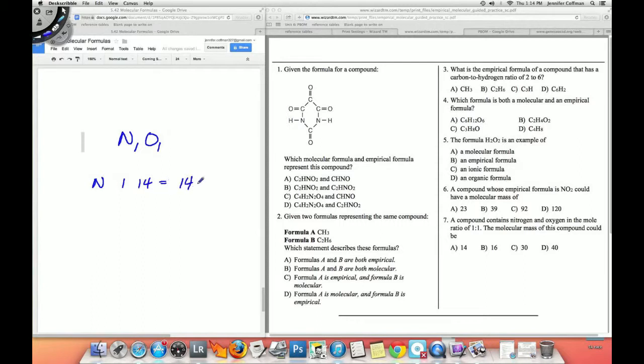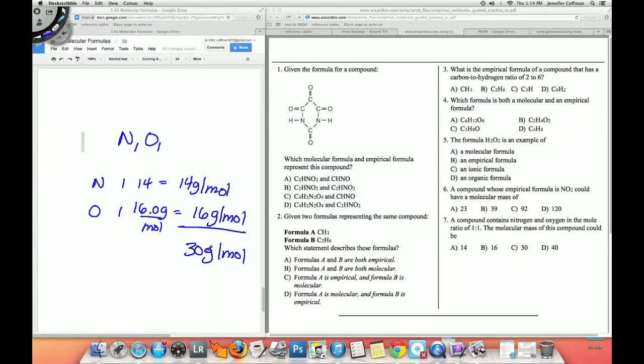I left the units out there. There you go. And oxygen is one of them at 16.0 grams per mole. So 14 plus 16 is 30 grams per mole. So it has to be a multiple of 30.